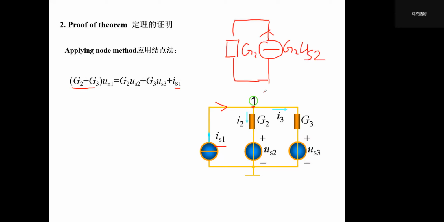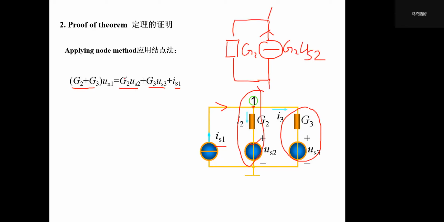This is for the middle branch. And for the third branch, we can also apply this kind of transformation. So the current source coming into node 1 from the second branch is G2US2, and similarly on the third branch, it is G3US3.